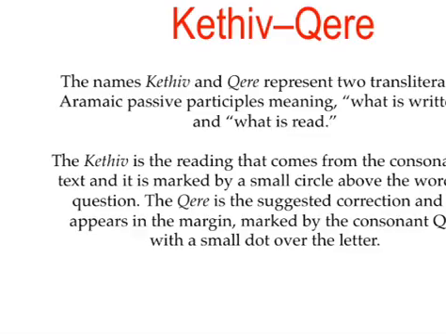Back on your screens, the Kareh is the suggested correction, and it appears in the margin, marked by the consonant Kof for Kareh, with a small dot over the letter. Now here's the thing. The Masoretes were preservers of the consonantal text tradition. They would never willingly or knowingly modify the consonantal text.